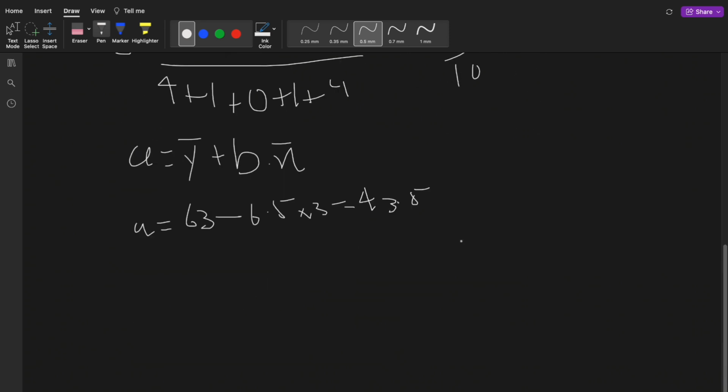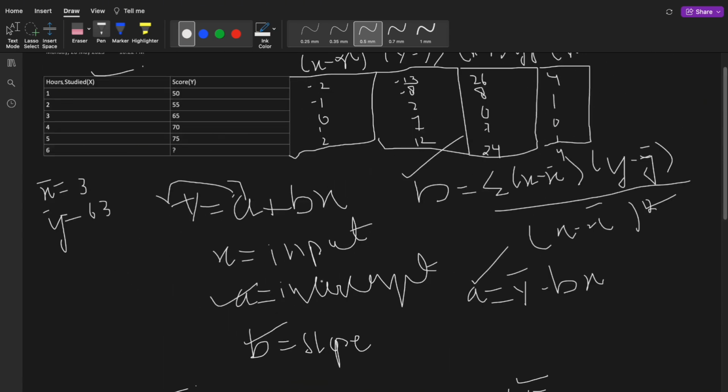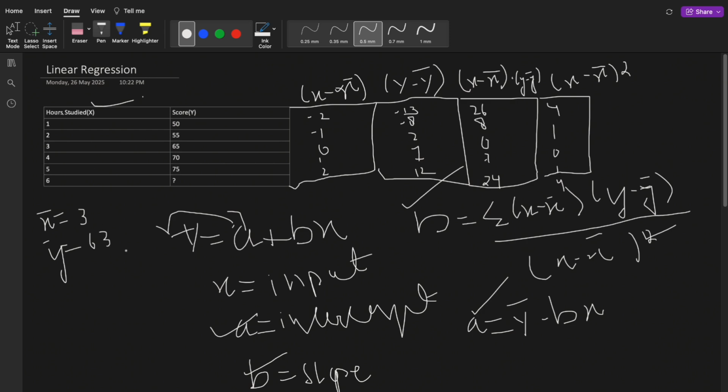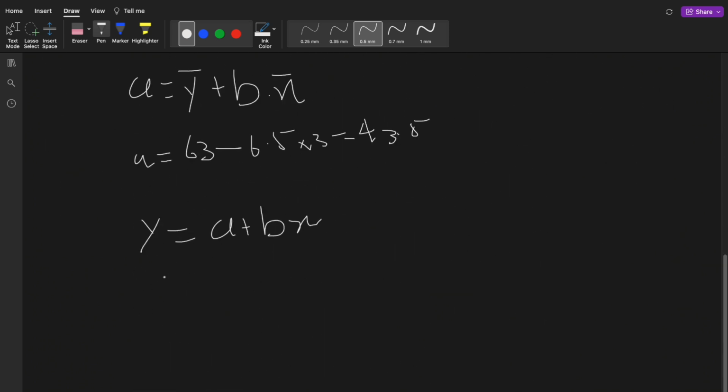So now let's plot the value. So what was the formula? The formula was y prediction is equal to a plus b of x. So now we have 6 hours. So let's put the value. Where is the a? A was 43.5 plus, what was the b?